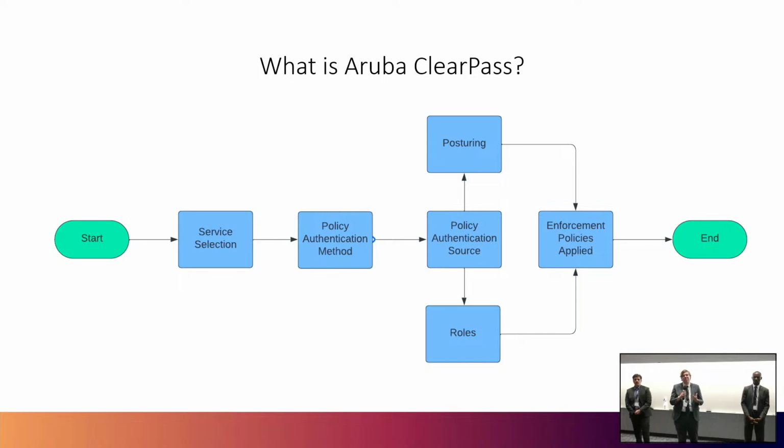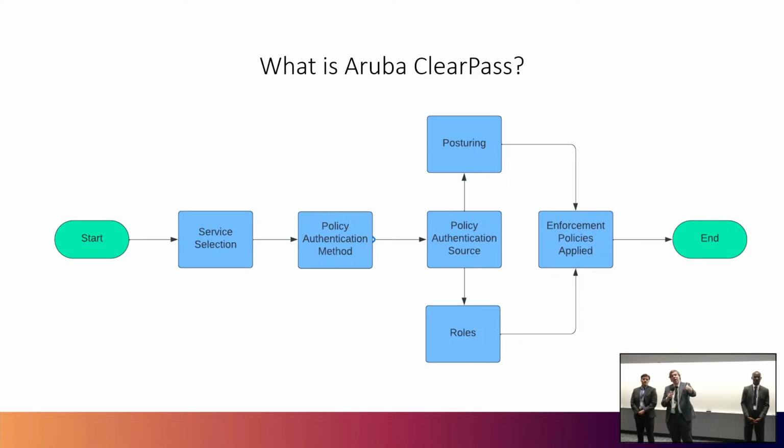It's super vendor agnostic, which we'll dive into more. Next, it goes through authentication, making sure you are who you say you are, looking at the credentials and the authentication method. Then it goes into authorization, which is super cool with ClearPass because it pulls a lot of attributes you can later look at when applying roles, enforcement policies, or posturing.